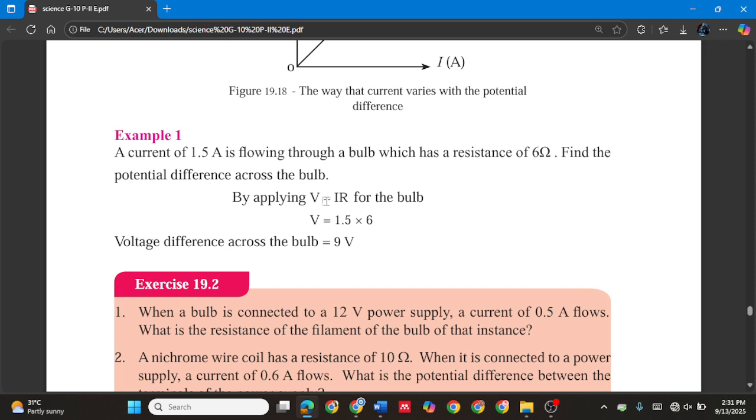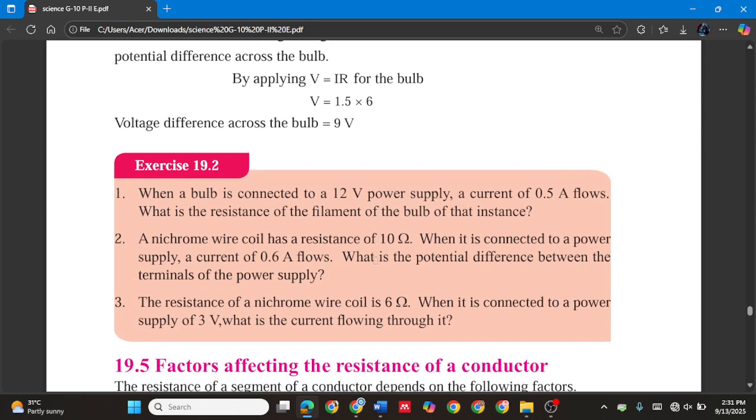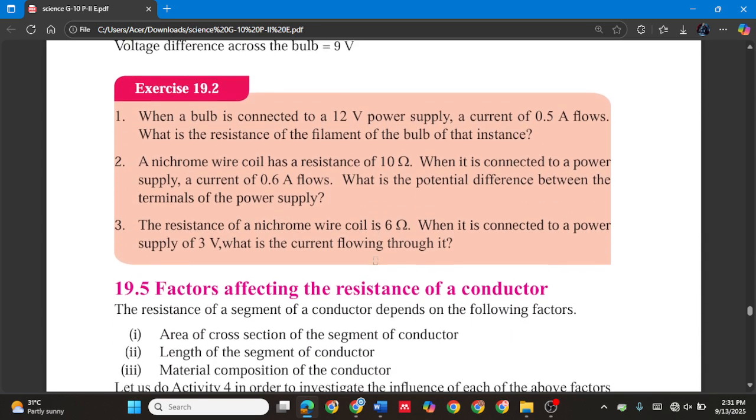By applying V equals IR for the bulb, I is 1.5 and R is 6, so multiply 1.5 by 6 and you get the answer 9. The SI unit of voltage is volt, capital V. So let's see these three exercises.